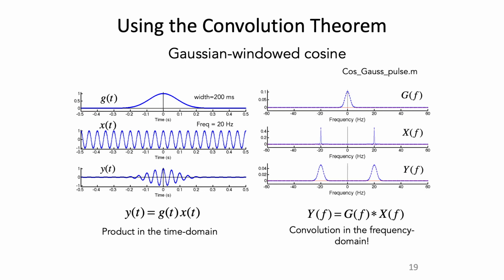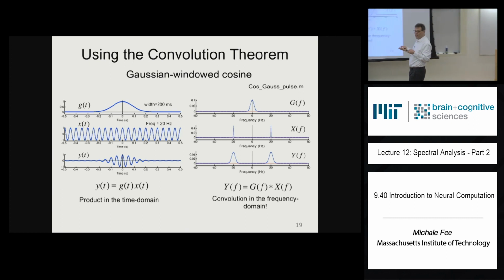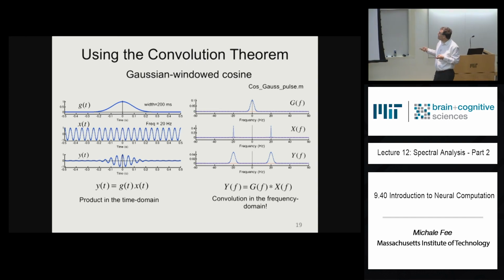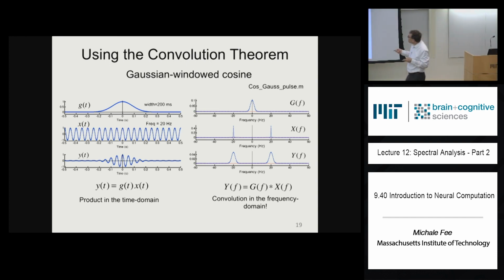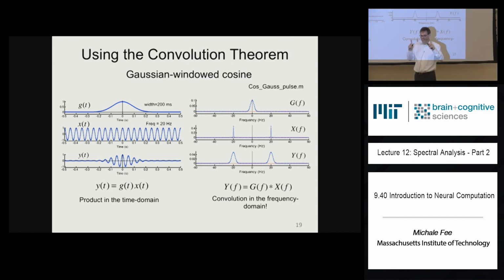So let's do that. There's the Fourier transform of this Gaussian. If this is 200 milliseconds wide, then how wide is this? It's 1 over 200 milliseconds, which is 5 hertz, right? 1 over 0.2 is 5. The Fourier transform of this sine wave, and I think I made it a cosine instead of a sine. Sorry, that's why I was going like this and you were going like this.